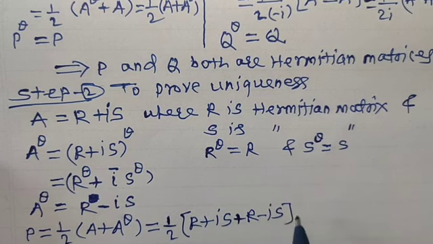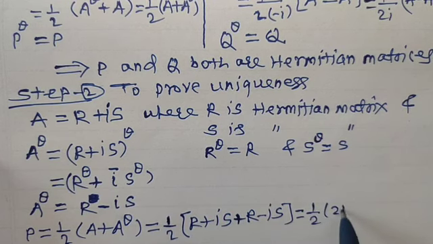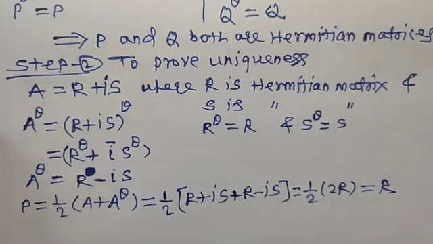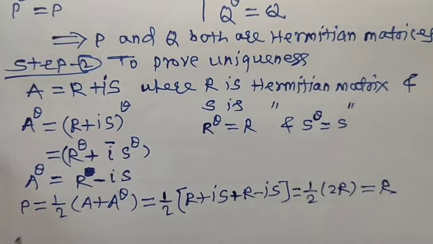Now plus IS minus IS gets cancelled. R plus R, 2R, 1 upon 2, 2R. 2 gets cancelled, is equal to R. Here P is equal to R. This we have proved.